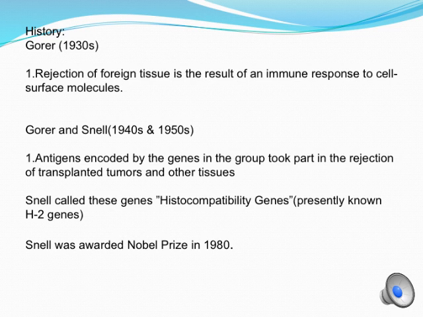He said that these histocompatibility genes showed that something absurd was happening and the body was not accepting it. Snell was awarded the Nobel Prize in 1980 for this very thing. So this is a very important milestone in medical history also.